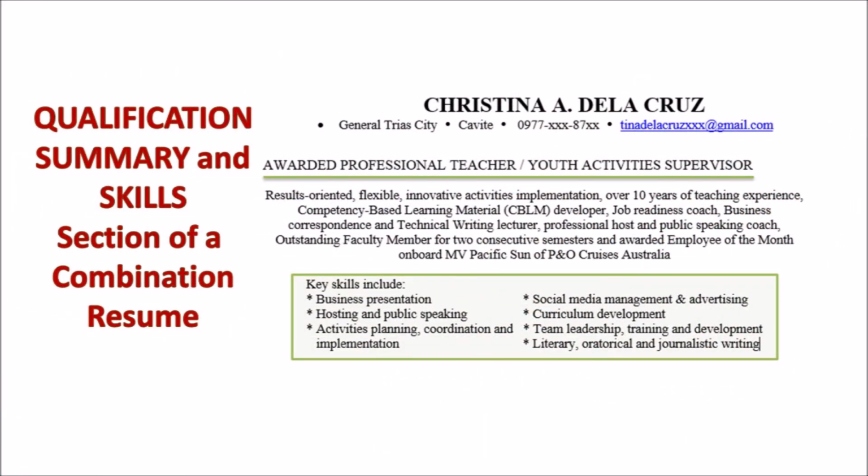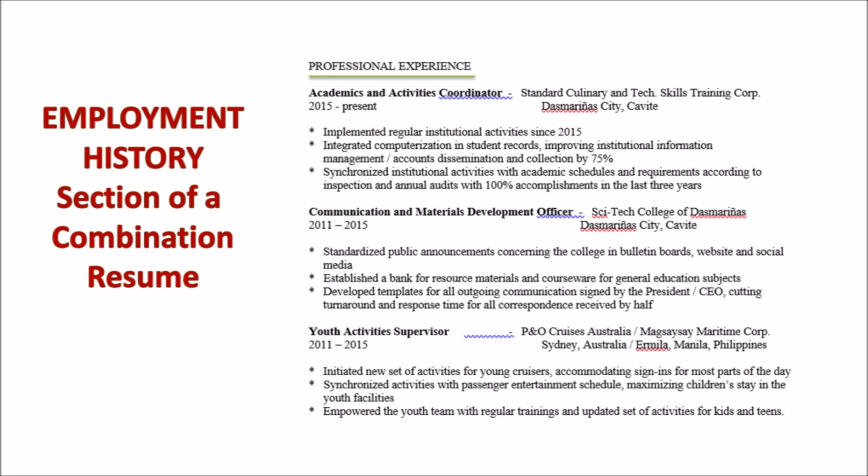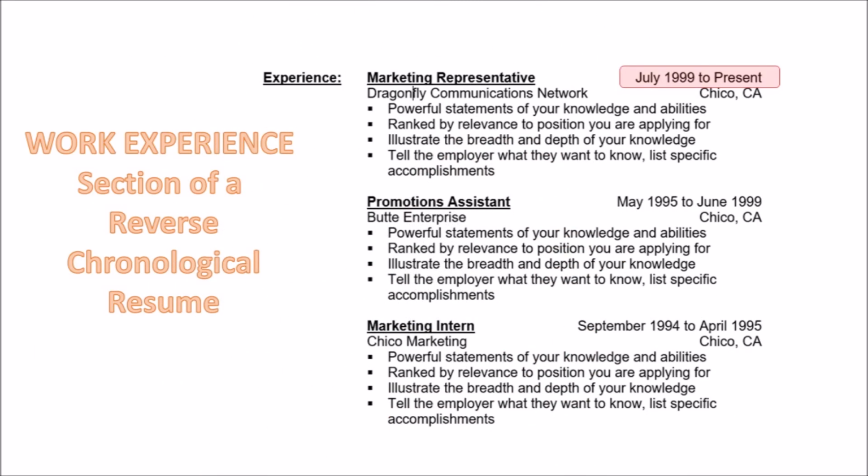A combination resume lists your skills and qualifications first. Your employment history is listed next, as opposed to what you have in reverse chronological order, where you begin with your most recent job and then work back through earlier positions.